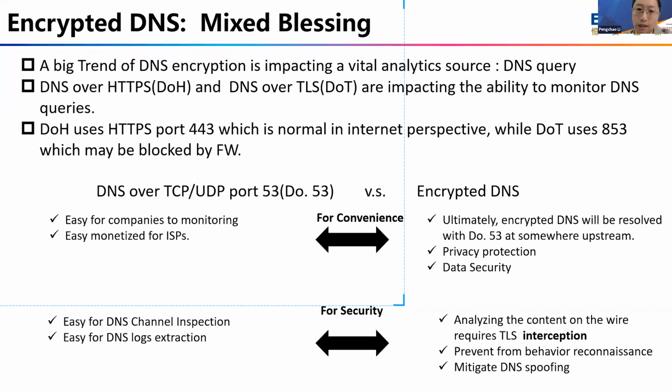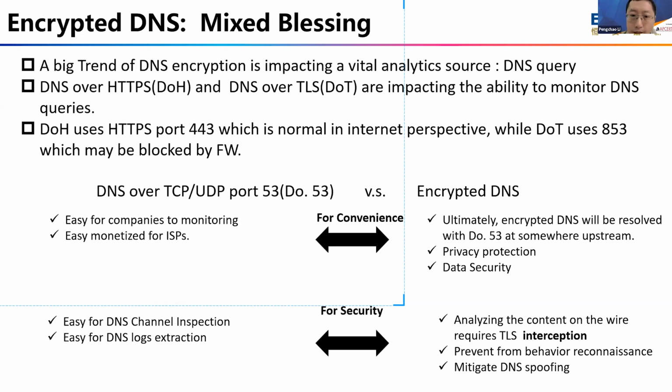Encrypted DNS is a kind of mixed blessing. For convenience consideration, DNS over TCP or UDP port 53, or say Do53, has some benefits. Those include being easy for companies to monitor and easy to monetize for ISPs.